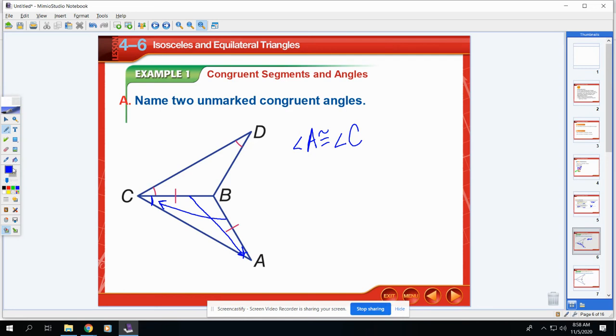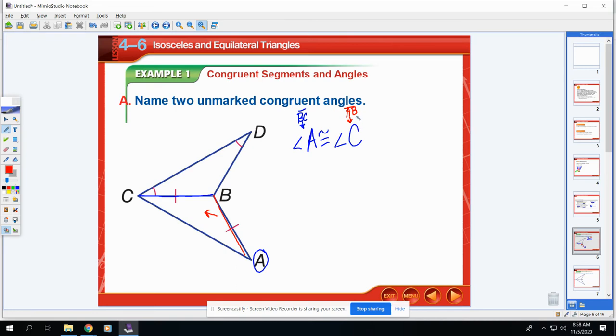I want you to also notice which angles we chose based off of our letters. The angle opposite of BC was angle A. The angle opposite of AB was angle C. So BC, what was opposite of BC?